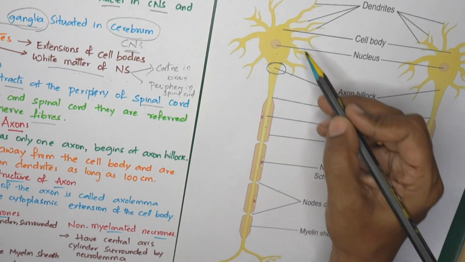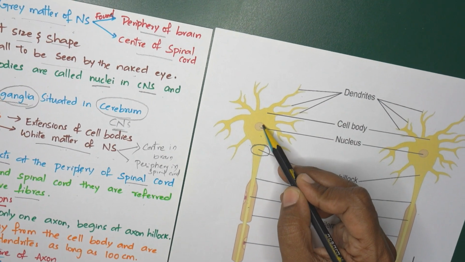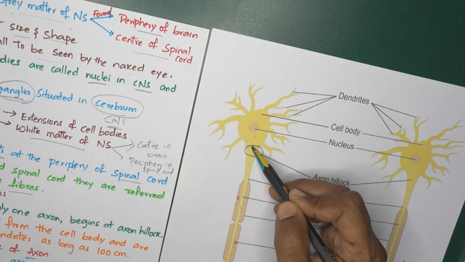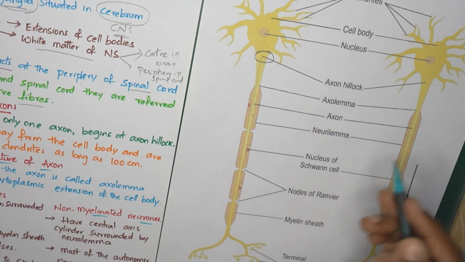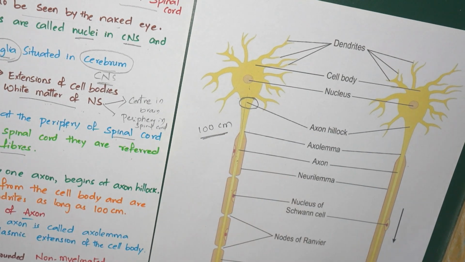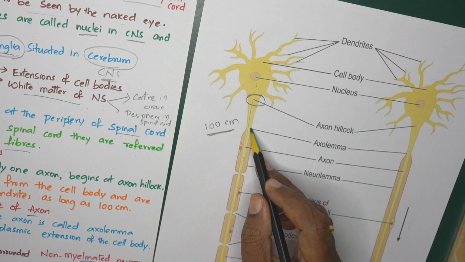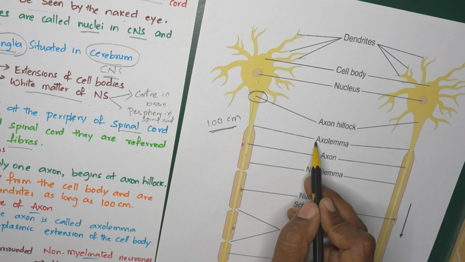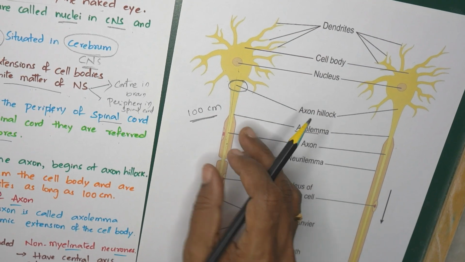Whenever nerve impulses are received by the cell body, they are carried away from the cell body into the axon, and the axons can be as long as 100 centimeters in length. The outer membrane of the axon we call the axolemma.